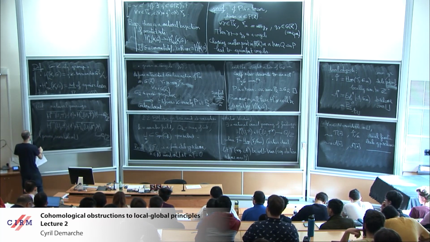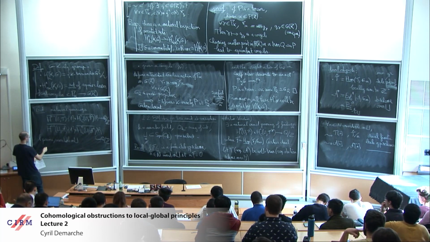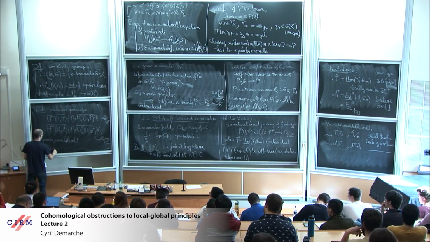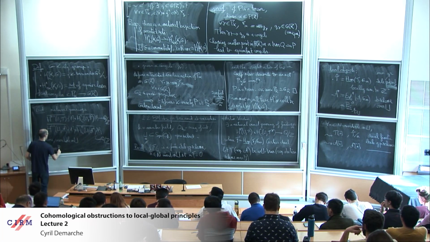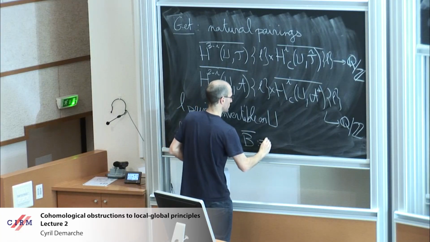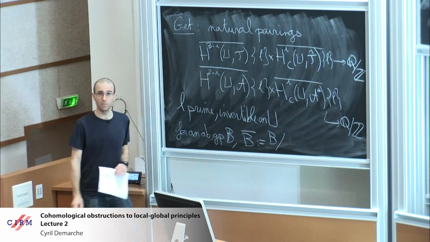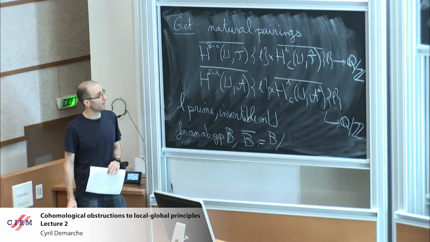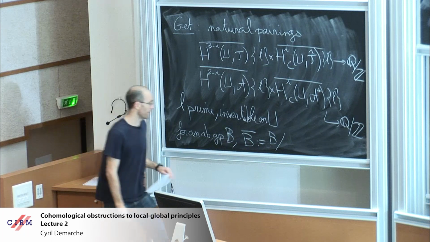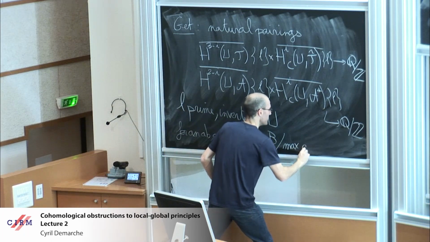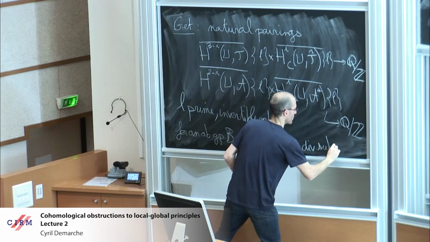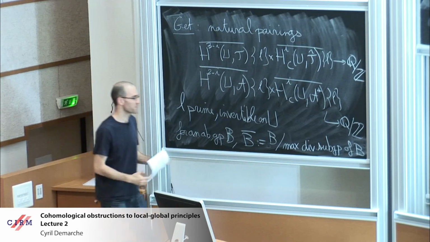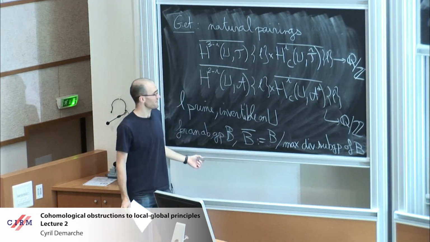L is a prime, and if you take an abelian group B, then B bar is just B quotiented by the maximal divisible subgroup of B, which is in general not the same as the subgroup of divisible elements.